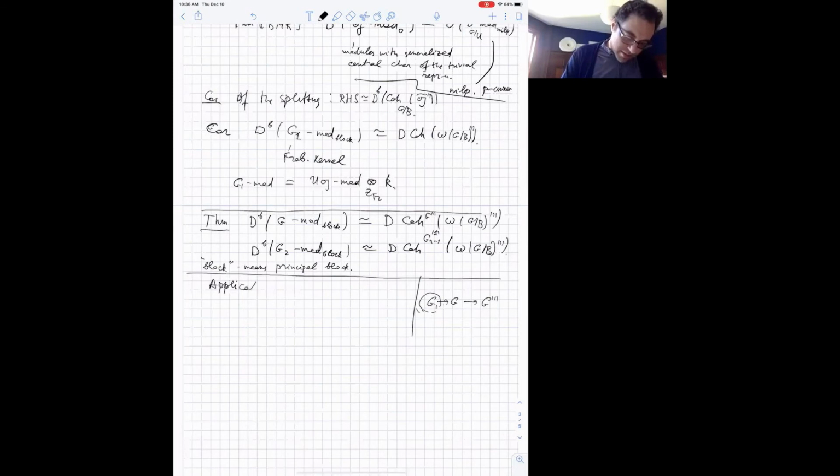Yeah, so there's some application to understanding, say, cohomology of GR, but I don't have that much time, so maybe I'll skip that for now.